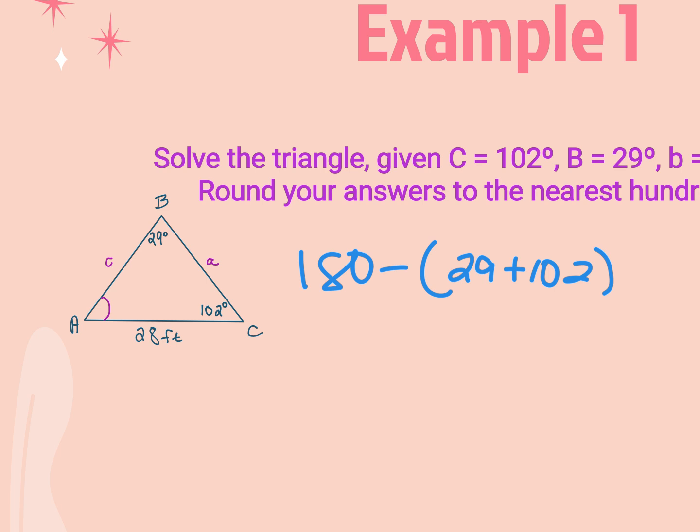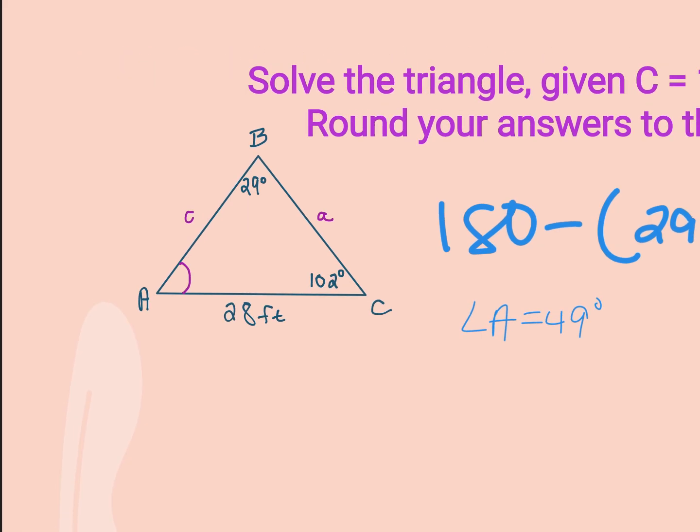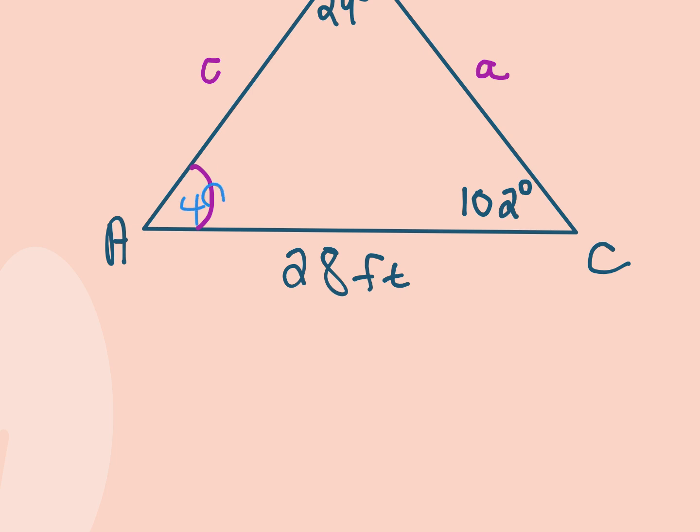What do you get? 49. Okay, so angle A is 49 degrees. It's important to have your degree measurement. Don't get points off for silly stuff. We're talking about measurements. So you need degrees, you need feet, meters, whatever it's measured in. So now we know that this angle is 49 degrees.